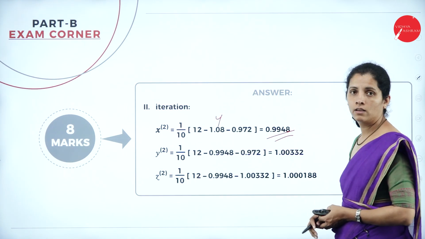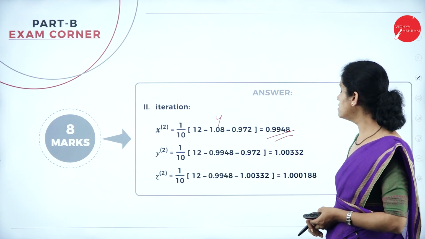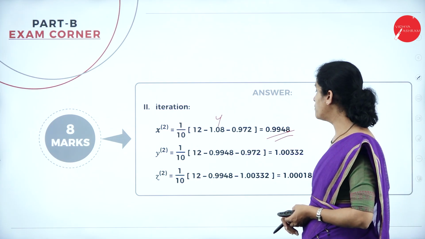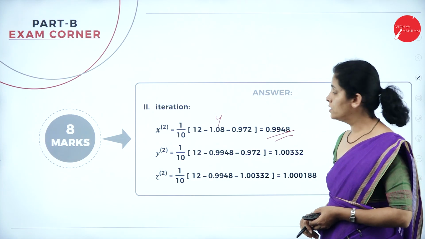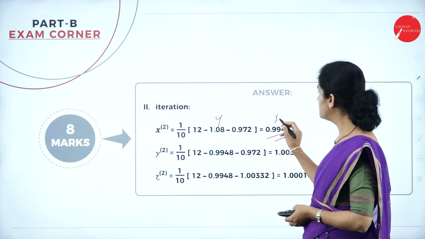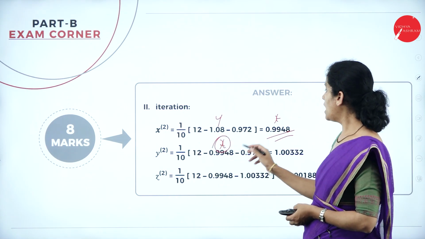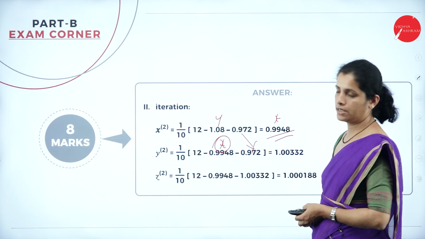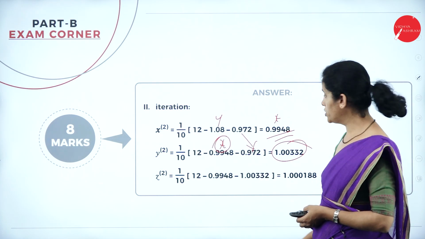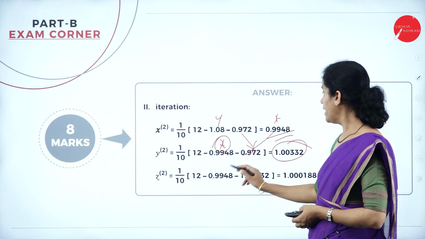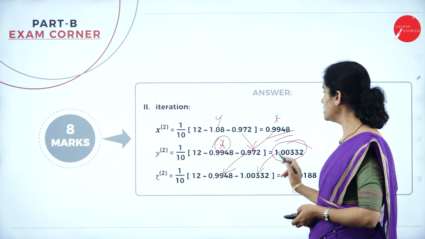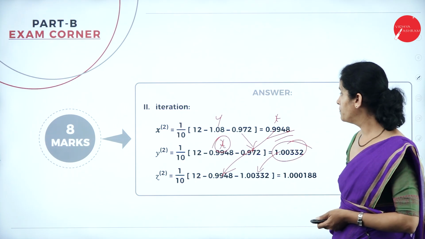And when I calculate, I'm getting the answer 0.9948. Now, this is my new x. So x is the new x value and my z remains as it is. For my next equation, I am considering x and the new y value.